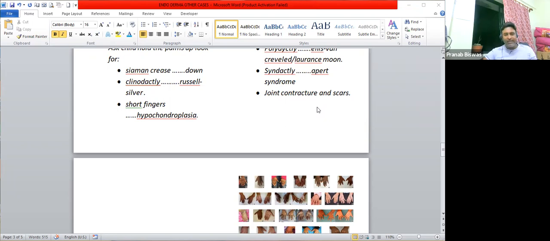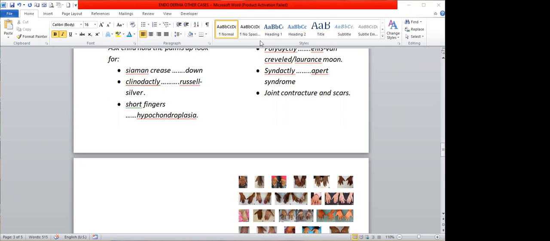But in a short stature scenario, what may it be? Arthrogryposis children will mostly be unable to walk. Osteogenesis imperfecta? Mucopolysaccharidosis, yes. In short stature, most commonly joint contracture and scars.